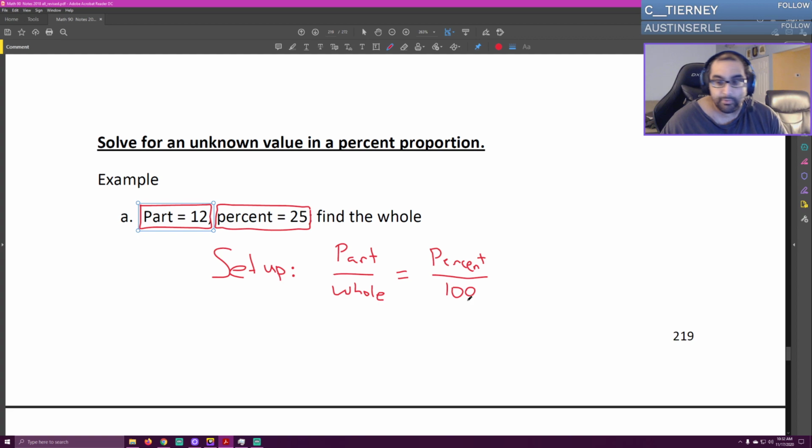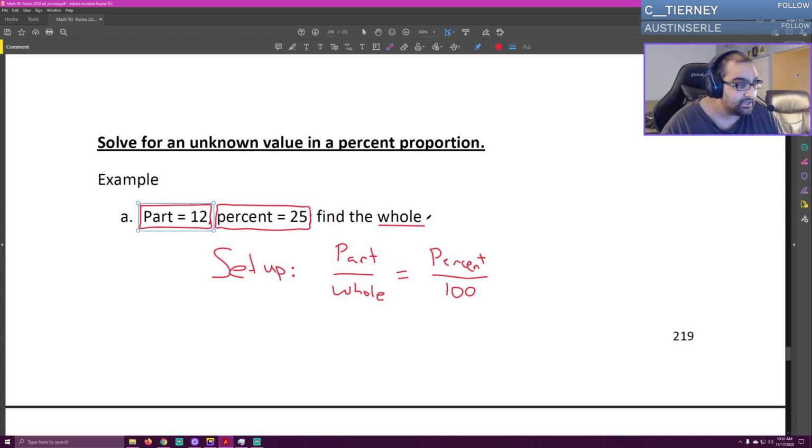So this is the proportion that we're going to set up here. Part over whole equals percent over 100. Okay? And it says here, in this case, to find the whole.